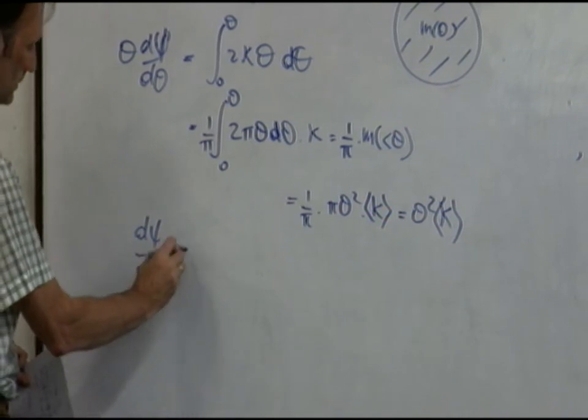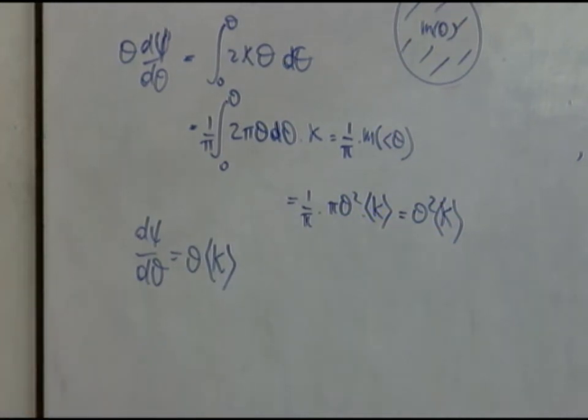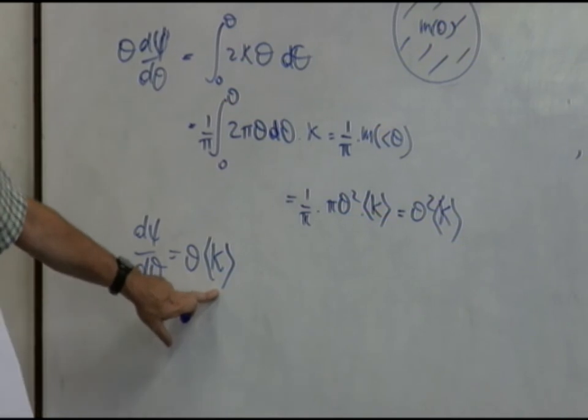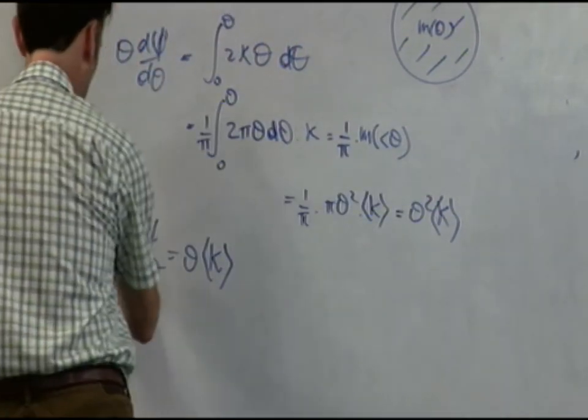For an axisymmetric lens, we get a very simple relation between the gradient of the lensing potential and the average mass density within the radius. And so this, of course, is alpha.